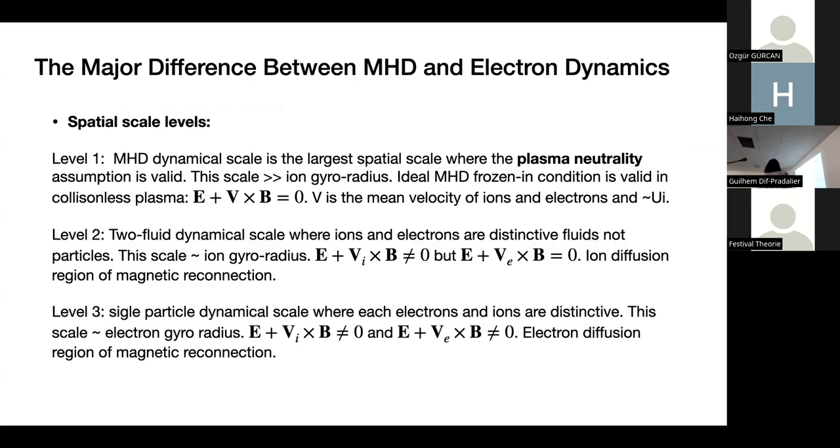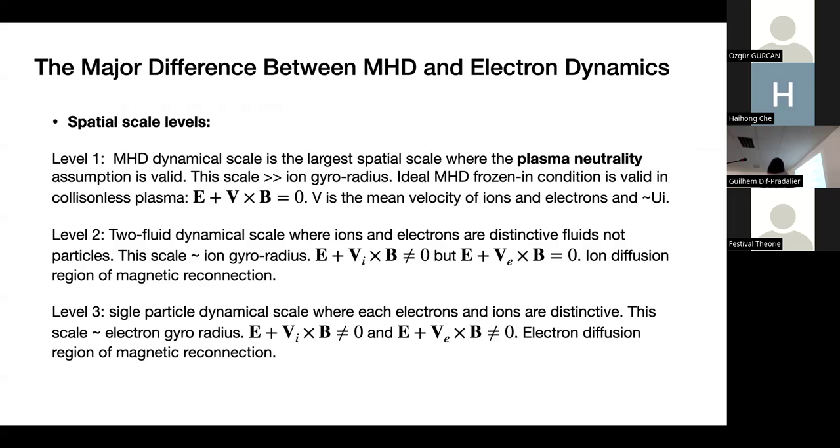And then level 2, where we have to apply two-fluid dynamics. On this scale, we have to distinguish the ions and electrons, even though they can be treated as fluids. On the MHD scale, in collisionless plasma, the ideal MHD flux-freezing condition holds.